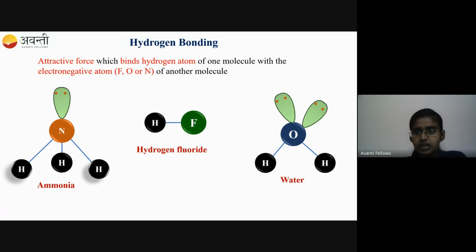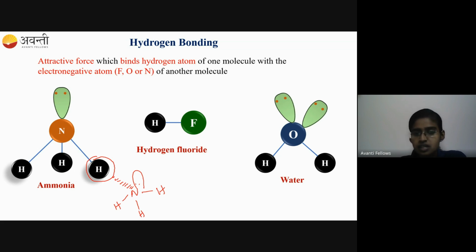So how are they going to form the hydrogen bond? Let me take this NH3. There is one NH3 and this is the second NH3. The hydrogen atom of one molecule forms the bond with the more electronegative atom of the other molecule, which is nitrogen.